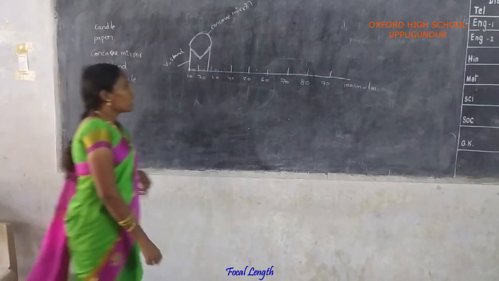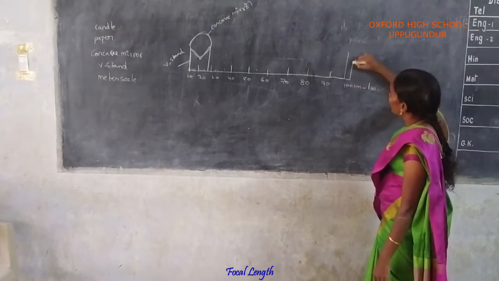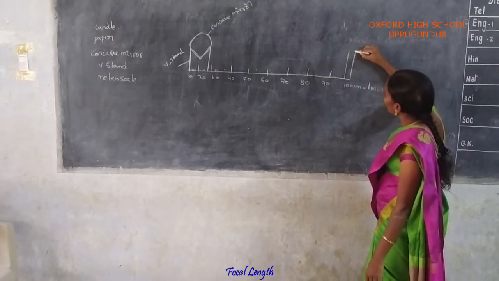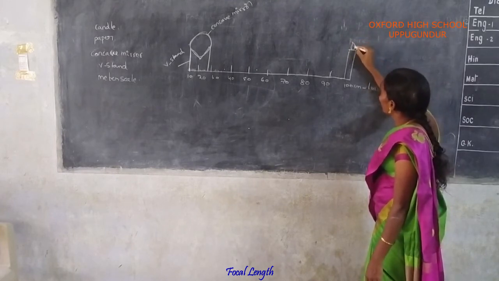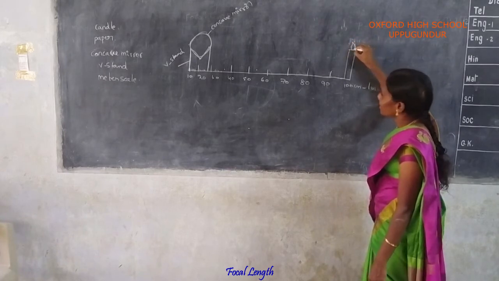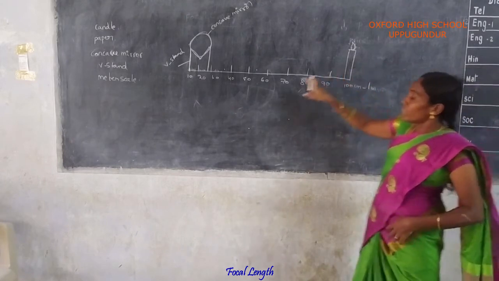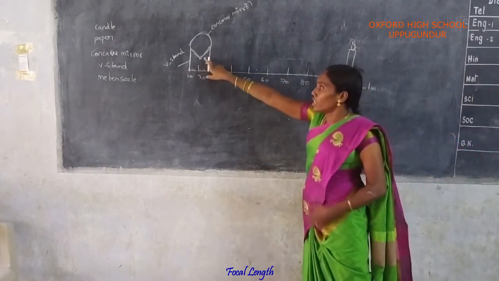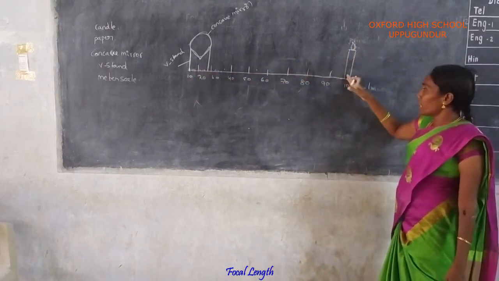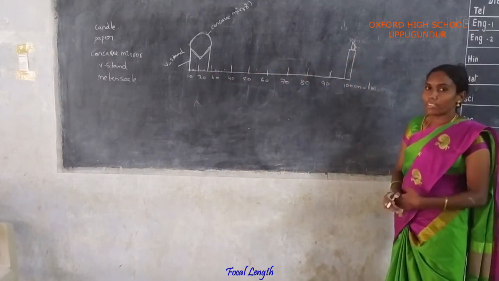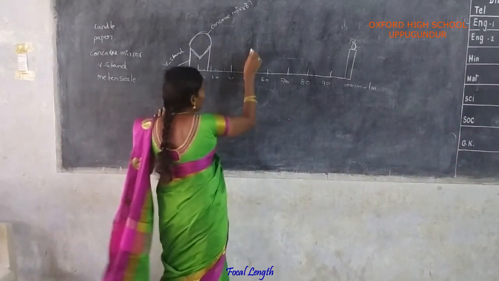And next, take the candle. That candle is kept on the other side of the meter scale. This is the candle. The candle produces light energy and acts as a source of light. Here the V stand should be kept on one side of the meter scale and the candle on the other side.